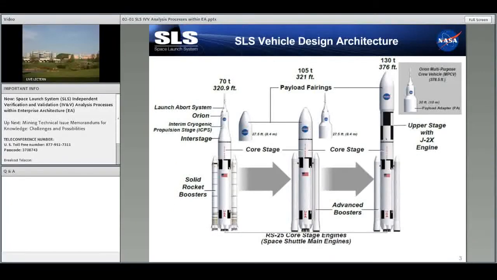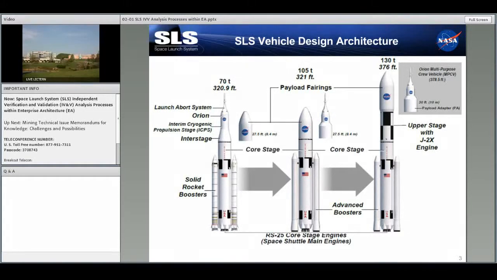So SLS is a development that very much falls under a government environment. So we will not be going too much into detail on the different elements. The picture here is basically a depiction of Block 1, which is far left, Block 1A, and eventually Block 2.